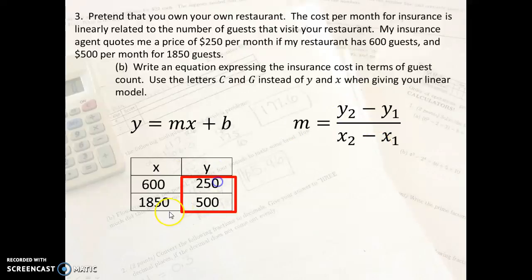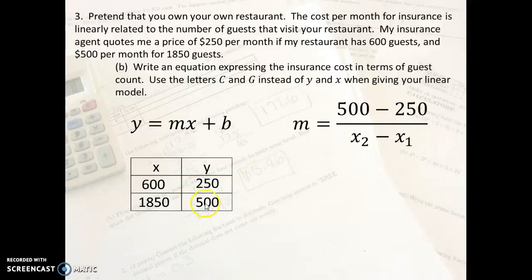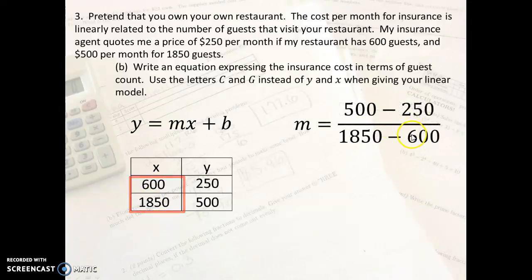I really just need to take my two y's and plug them in up here. The second one, the 500, goes in front, and the first one is the second part of the subtraction. Similarly with the x's: 1850 up front, 600 in the back.